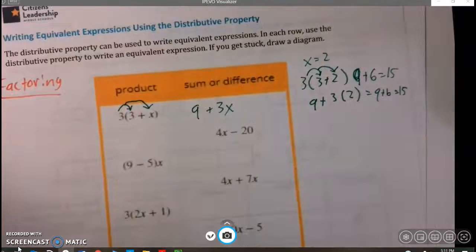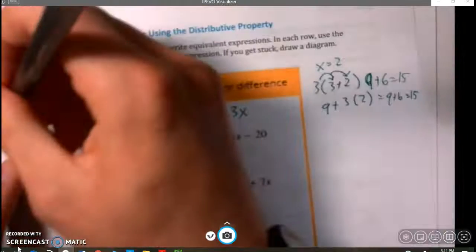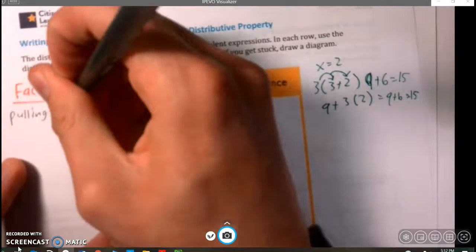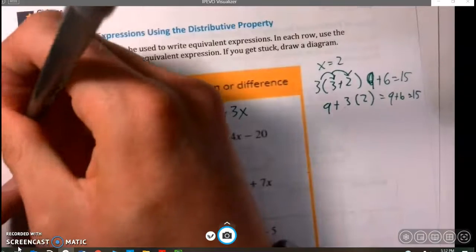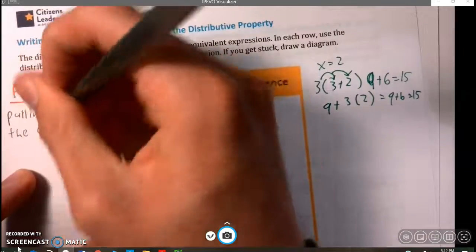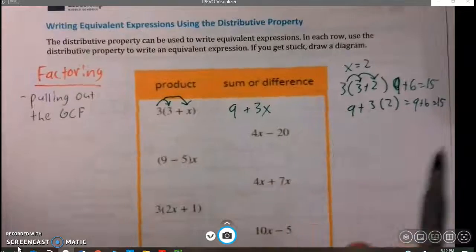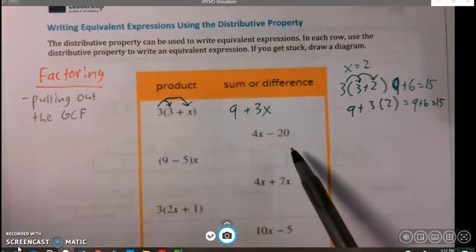And so factoring means pulling out the GCF. Okay, so we're going to find the GCF of both terms that I have in my expression.